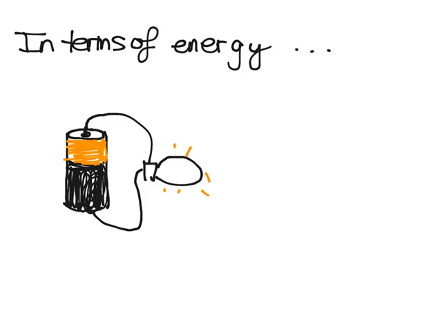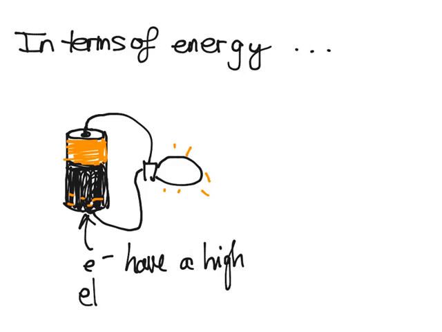Now, in terms of energy, our electrons, okay, when they're at the negative end, they're stuck with a bunch of other electrons they don't like. They have a lot of potential. Okay, they feel very compelled to start moving. So at the negative end, the electrons have a high potential energy, and we're going to call it an electric potential energy.